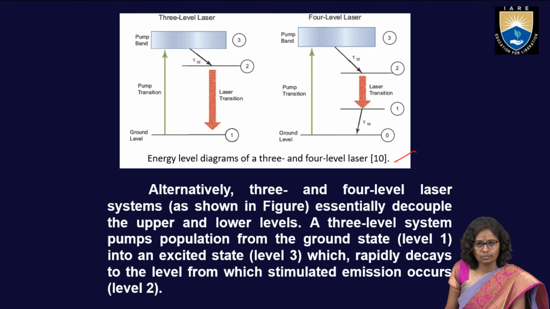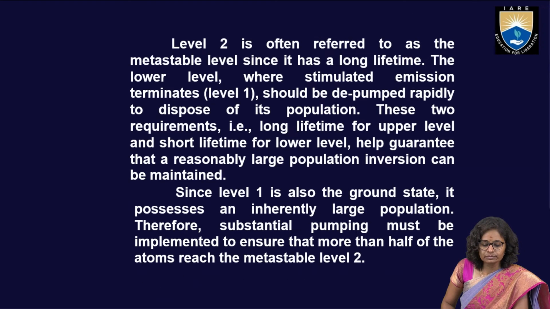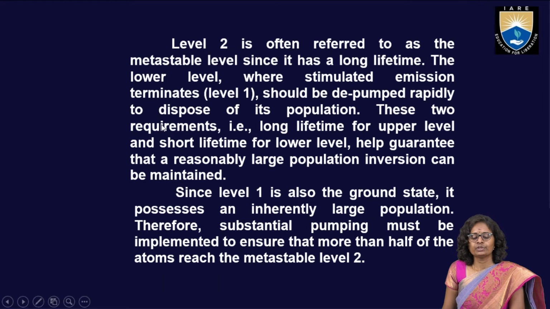A 3 level system pumps population from the ground state to the excited state, which rapidly decays to the level from which stimulated emission occurs. Level 2 is often referred to as the metastable level since it has a long lifetime.